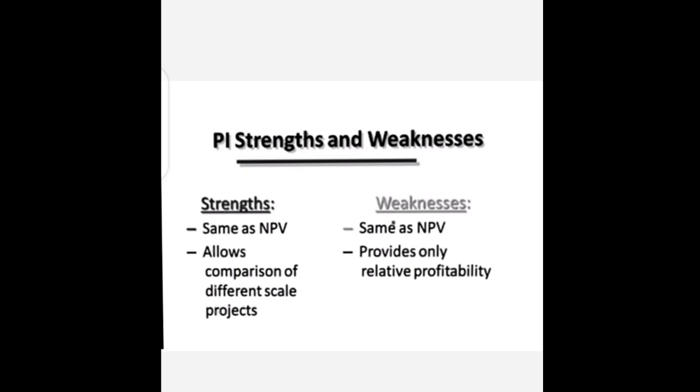So I hope you understood all the techniques behind capital budgeting, like payback period, discounted payback period, internal rate of return, modified internal rate of return, and the profitability index. All these techniques are used in order to evaluate the project, whether we should go for that project or not. If the project is profitable, certainly we will go for that.